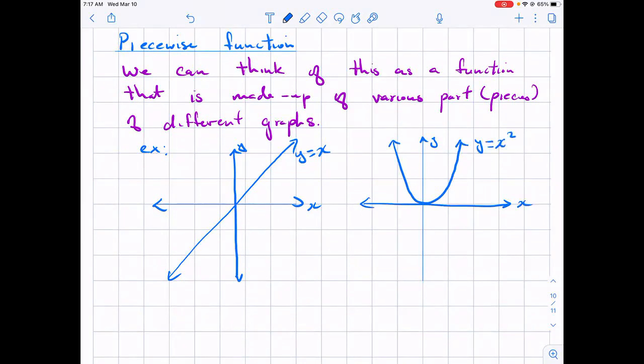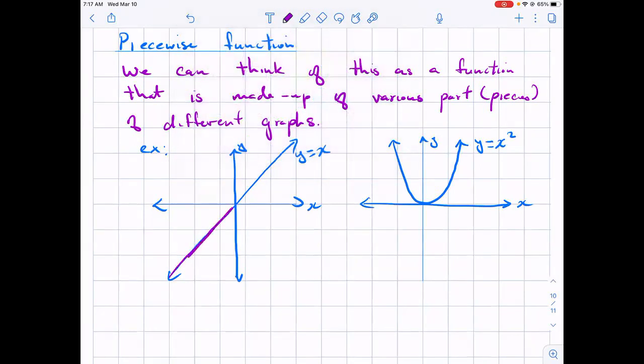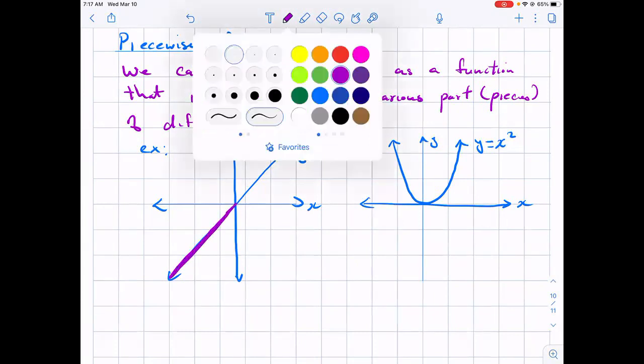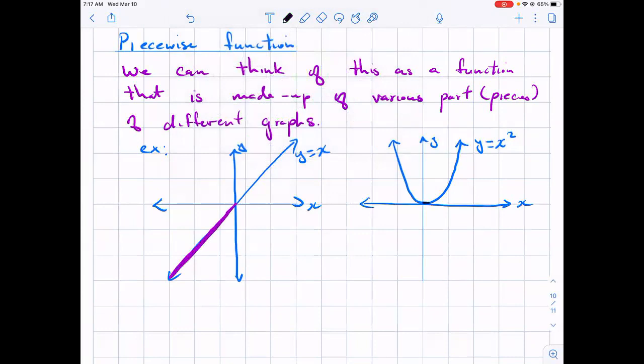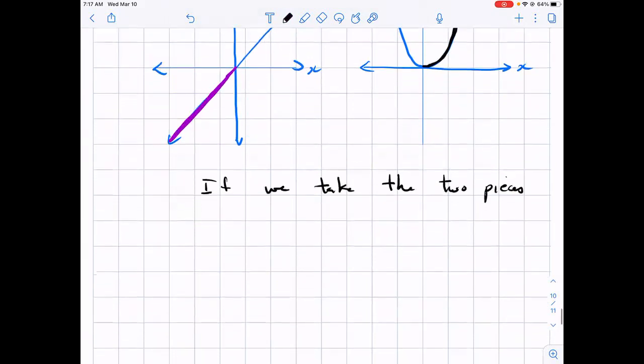Now let's say that I want to make up a graph and I only want this piece of this graph, and this piece of the other graph. So if we take the two highlighted pieces, we now have a new graph.